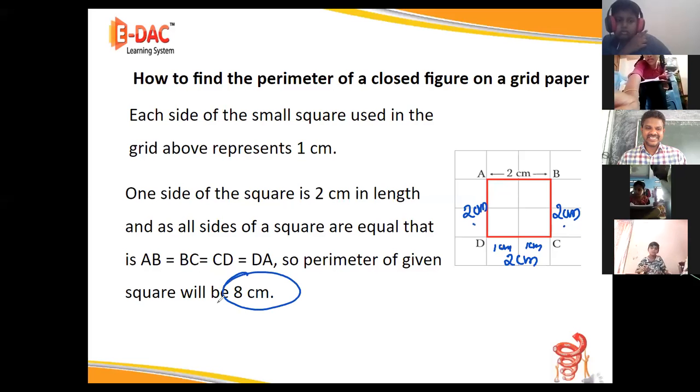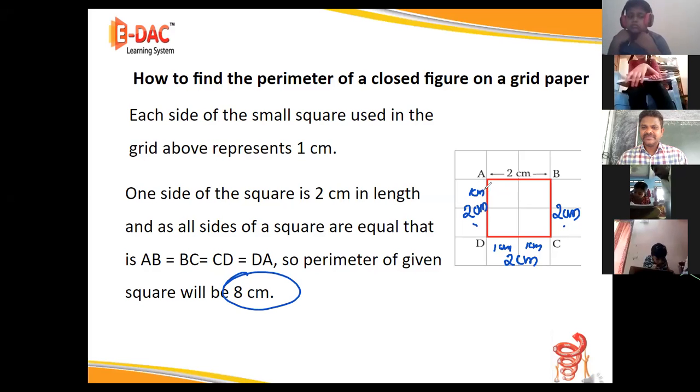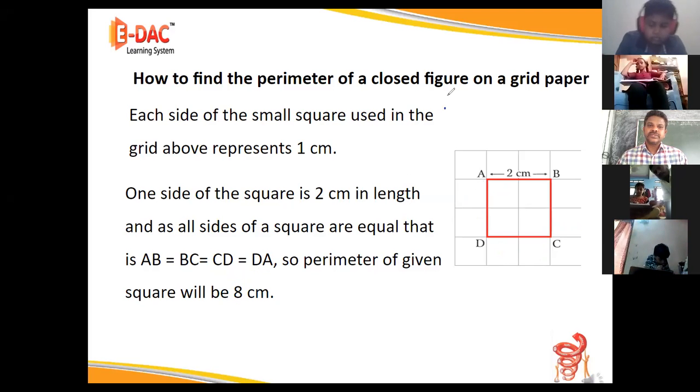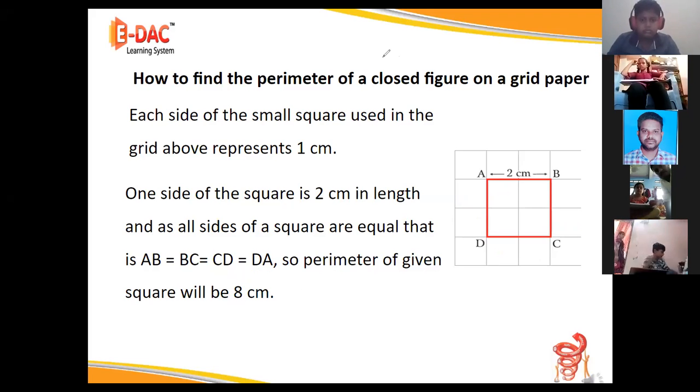You just add all the sides. Each square is 1 unit. Altogether 8 units. Yes. Next.